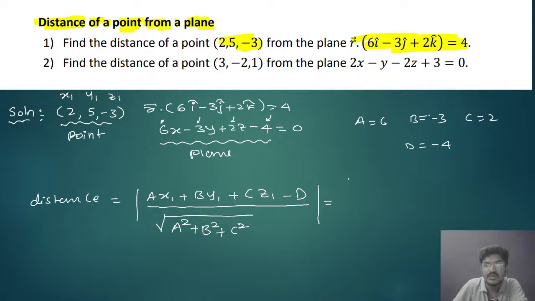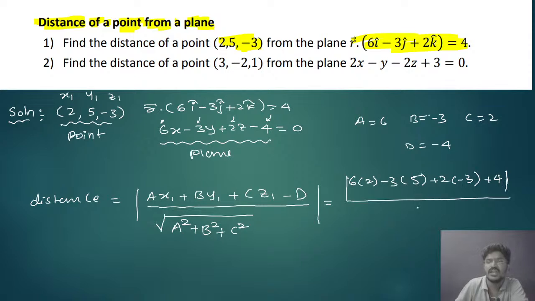So now this will be a is 6, 6 into x1 is 2, plus b is -3, y1 is 5, c is 2, z1 is -3, d is -4, minus into minus is +4, divided by root of a square is 6, 6 square is 36, b square is 9, c square is 4.